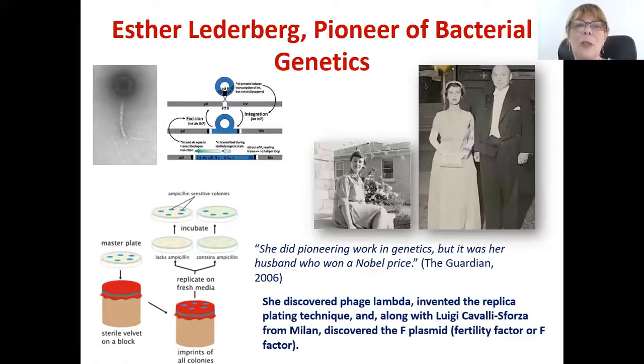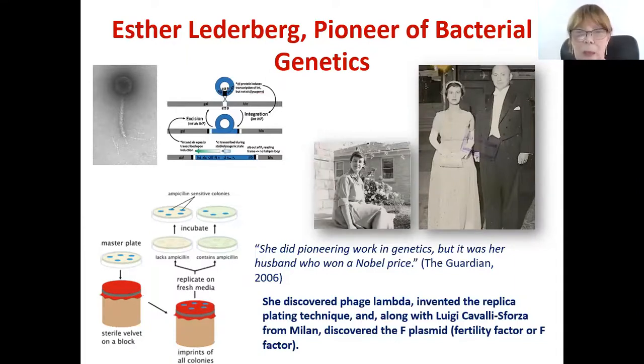It is interesting to mention also the contribution of Esther Lederberg. Esther Lederberg was the wife of Joshua Lederberg, and she developed the replica plating method. She used sterilized velvet to make a replica, and after that used other plates with selective media, for example, containing T1 bacteriophages.